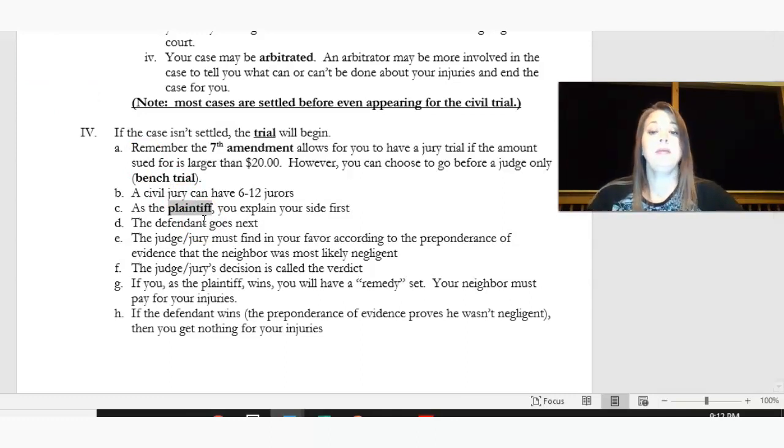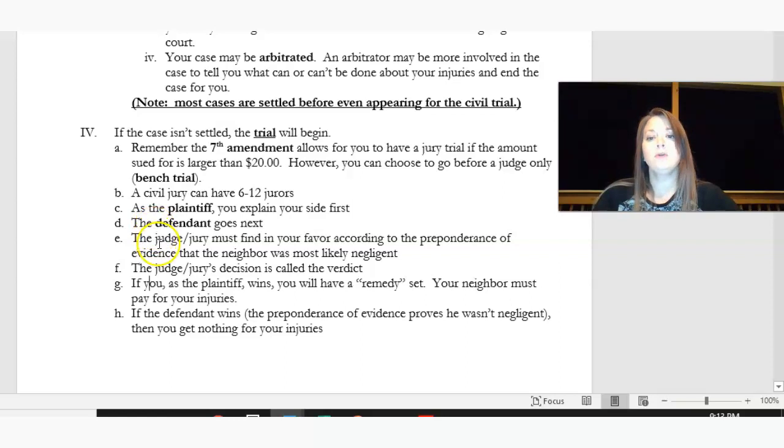So the plaintiff, in this case, is going to present their evidence first, because the burden of proof is going to be on the plaintiff, like the burden of proof in a criminal case is on the prosecutor. So the defendant can sit there and really not say too much of anything. The plaintiff has to prove that the charge here, be it neglect or some sort of civil issue, that it is their burden to prove the defendant is responsible.